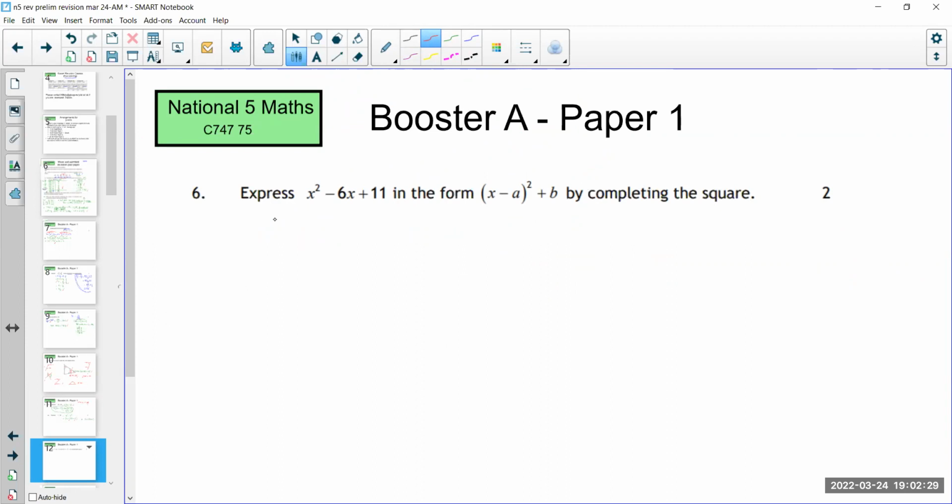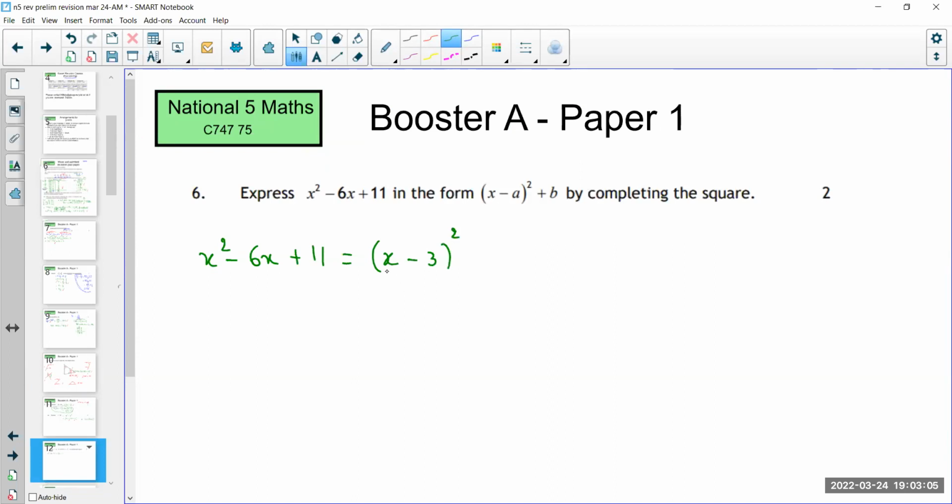Next question you had, this is completing the square. Okay, so I'm going to give you a tip how to get them if you can't remember. So what we do is this A here, or this minus A, is half of that -6. So you would just need to rewrite x squared minus 6x plus 11 by halving that -6. To half it is -3 squared.